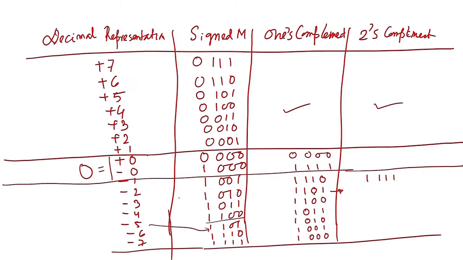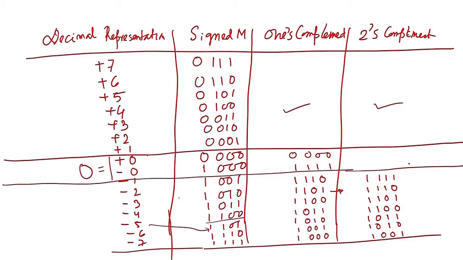Then for the next one, you add 1 again, and then add 1, and so on, until you get 1 0 0 1.